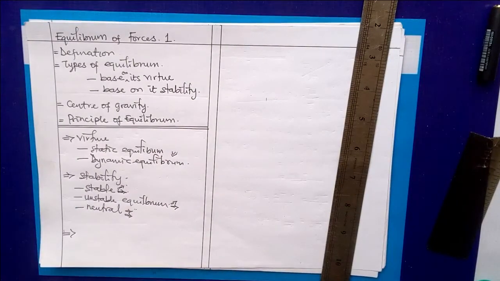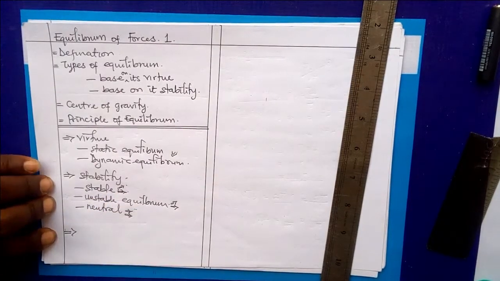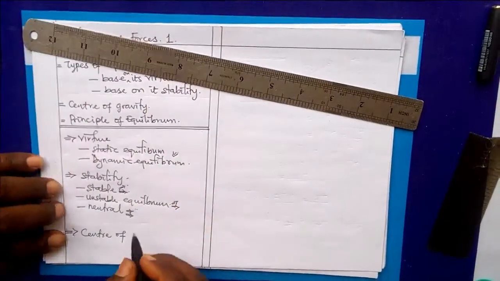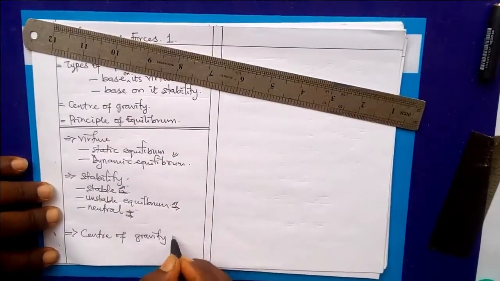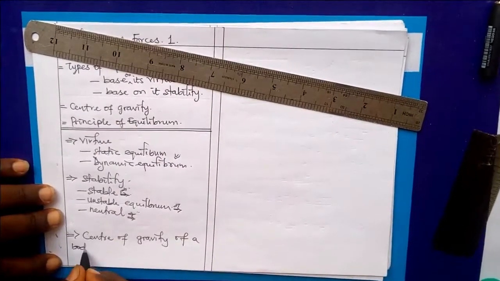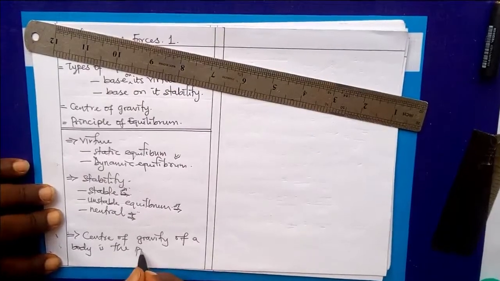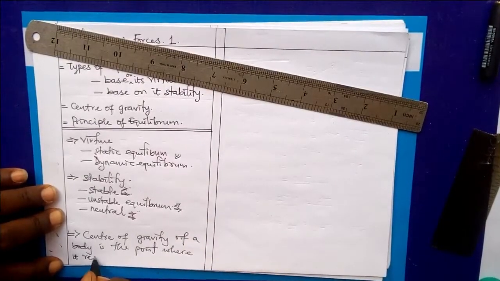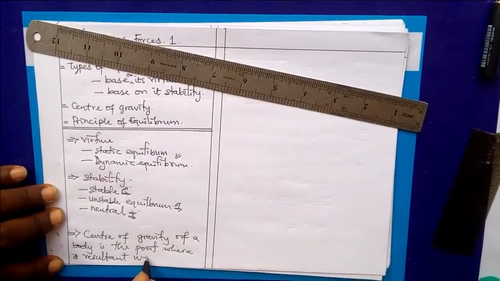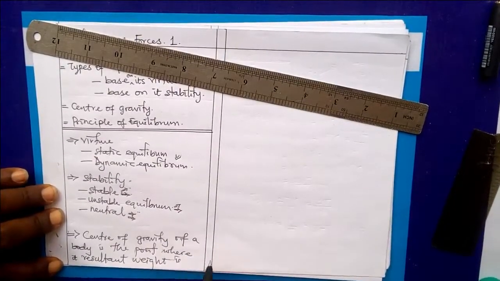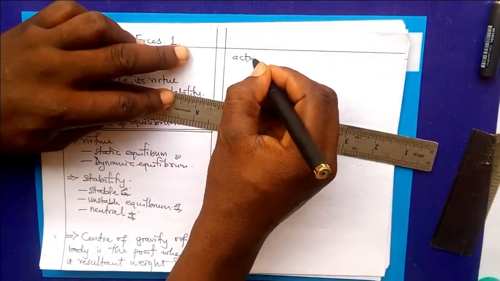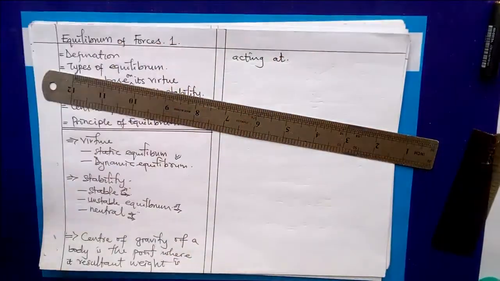Center of gravity of a body is the point on that body where its resultant weight is acting at.